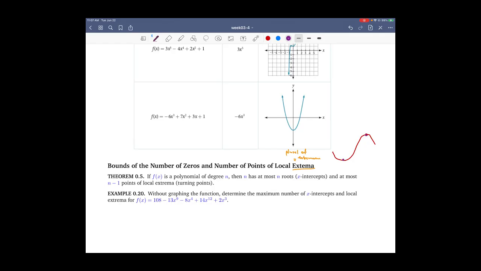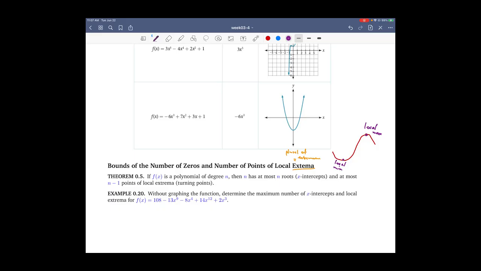An extremum is a point of local maximum or local minimum. This would be a local maximum, a point near which values of your function are smaller than at the point itself, and local minimum, a point near which the values of your function are greater than at the point itself.